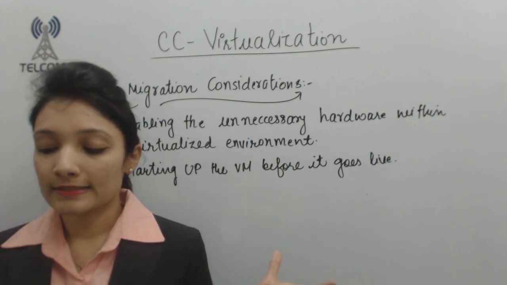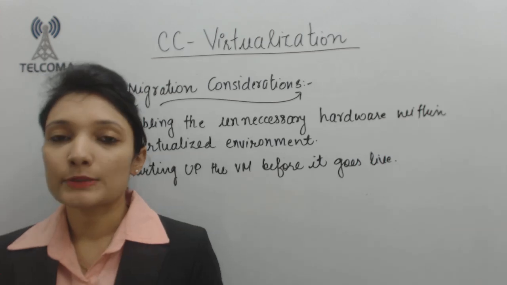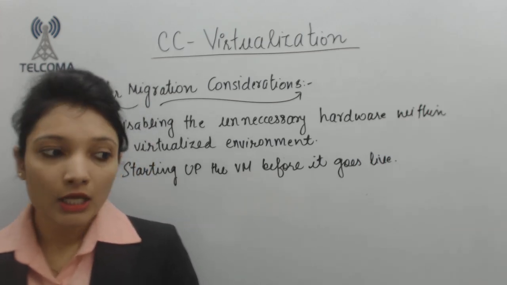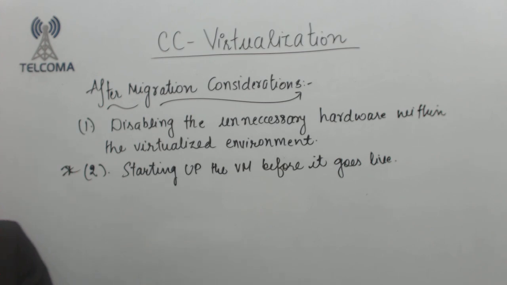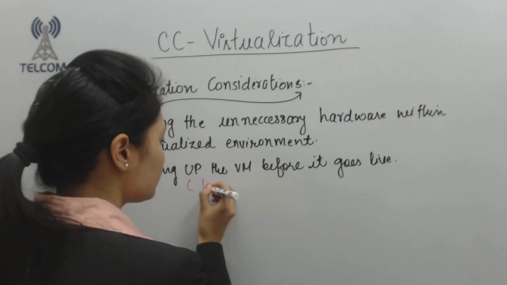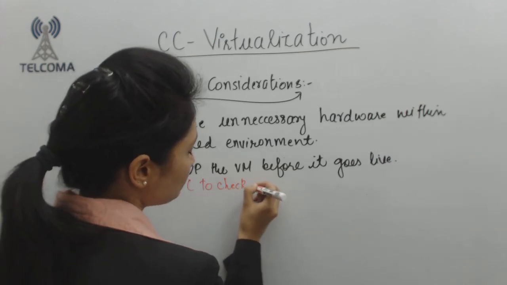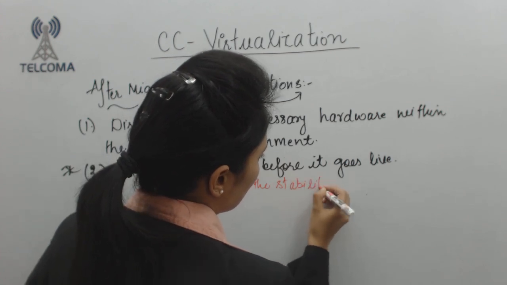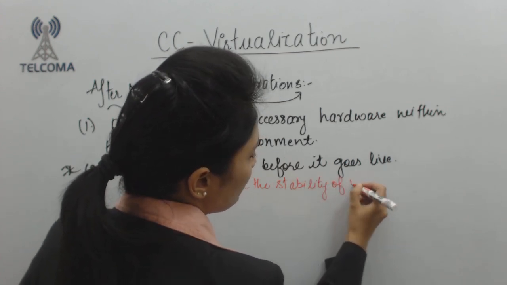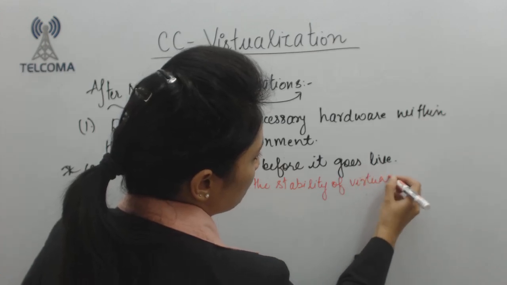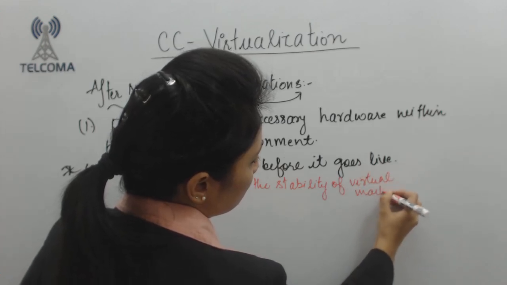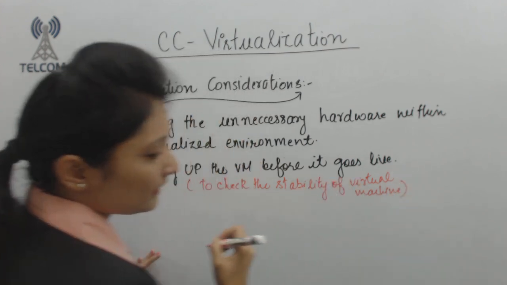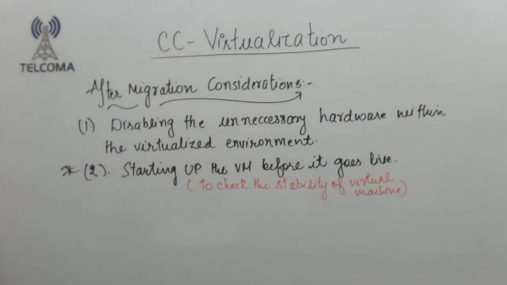This is done to test the stability of the virtual machine when it is running as a standalone machine, to check whether it is running as a standalone machine or not.